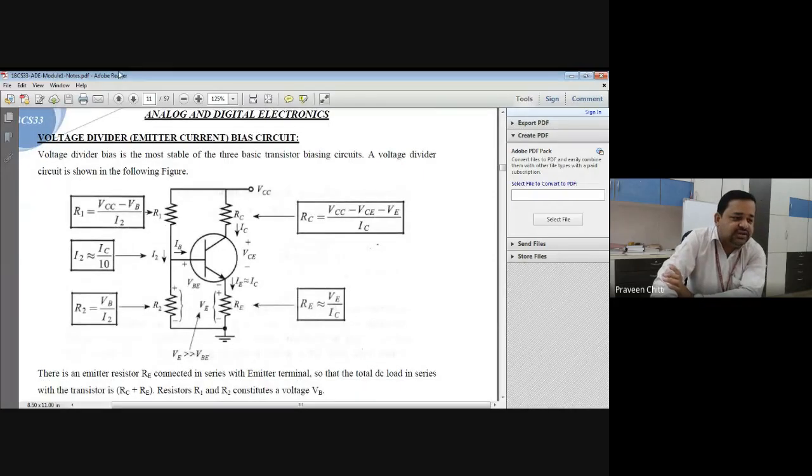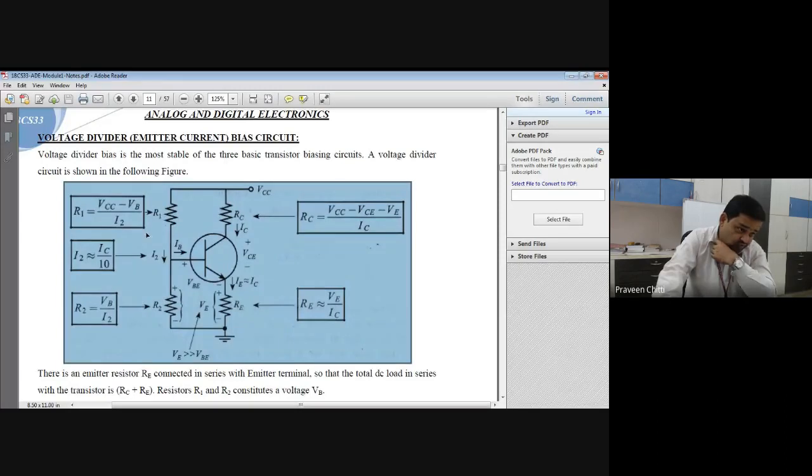Why it is called so is that instead of using a single resistor like RB, which we used in both the earlier cases, here we use two resistors R1 and R2, connected in such a way that they form a voltage divider. In addition to R1 and R2, we add one more resistor in the emitter to provide bias stabilization, and that resistor is called the emitter resistor RE.